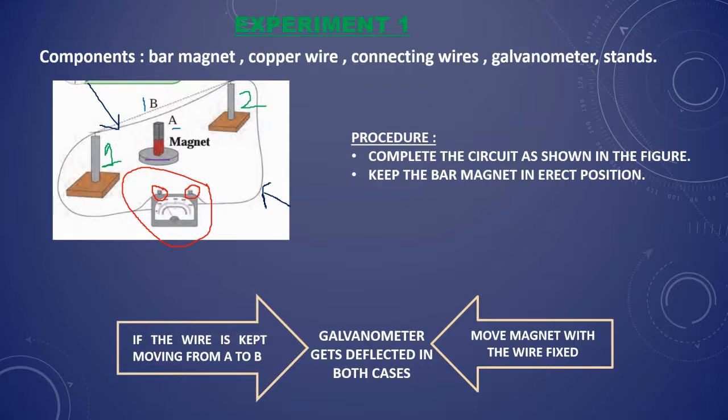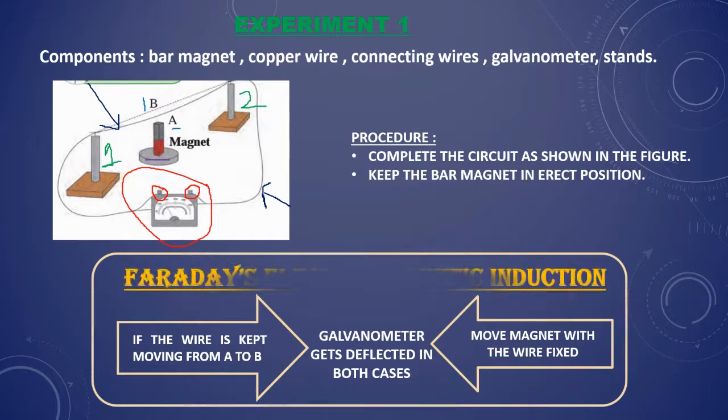So we see that the galvanometer gets deflected in both cases. That means there is some current flowing through this wire, right? And this process is known as Faraday's electromagnetic induction.